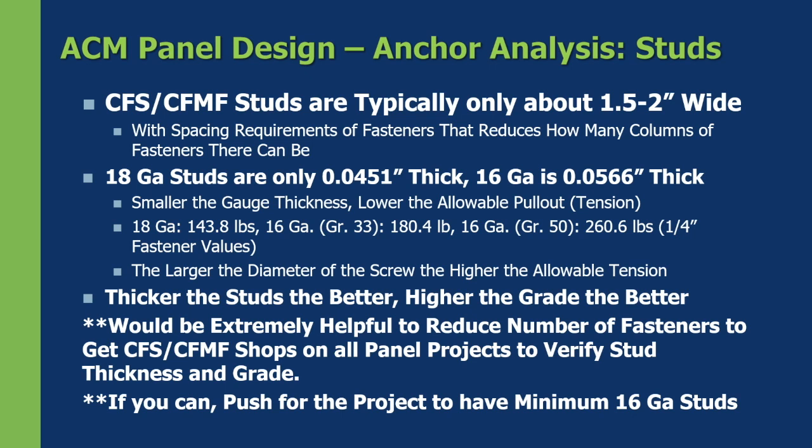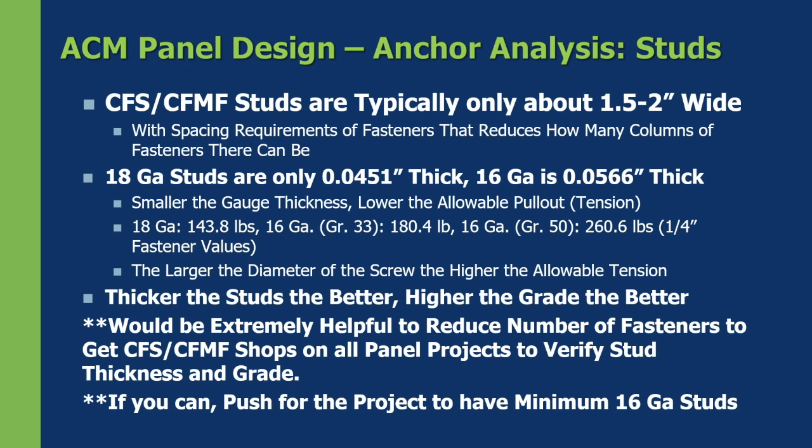And you can see that for a 33 grade, you get 180. For 50 grade, you get 260. So about an 80-pound difference by increasing from a 33 grade to a 50 grade stud. These are for quarter-inch values. If you try to use smaller fasteners, a number 12, number 10, you're going to reduce these even more.